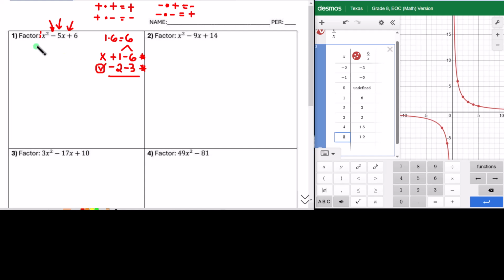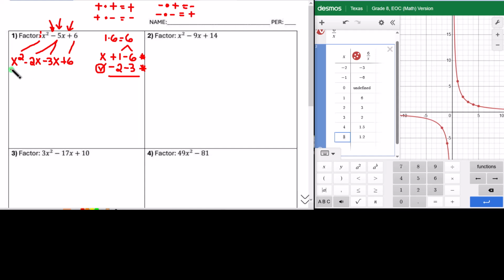So we copy the first term, which is x squared. We rewrite negative 5x using the two numbers we found, which is negative 2x minus 3x, and we bring down the 6, positive 6. Now instead of 3 terms, we have 4 terms.